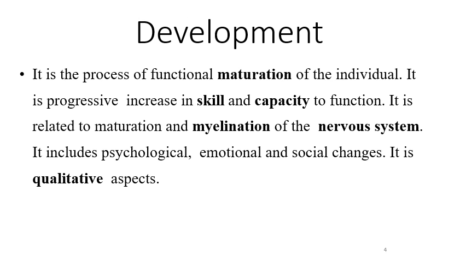Now we are going to discuss development. We have already discussed growth. Development means maturation, the functional maturation of the individual. It means an increase in the skills or the capacity to function in any activities. Usually development occurs due to the maturation or myelination of the nervous system.